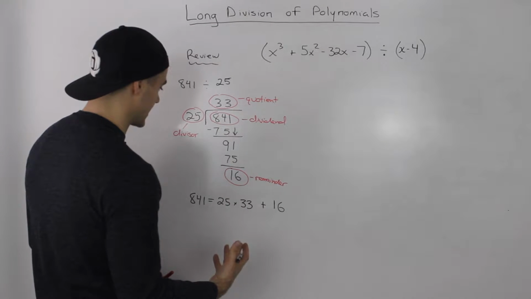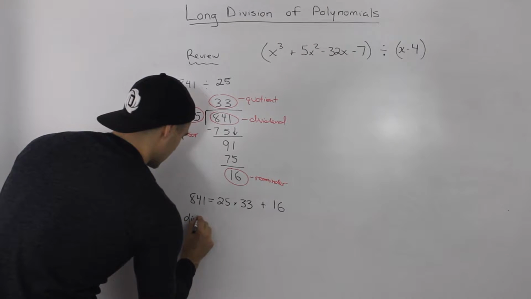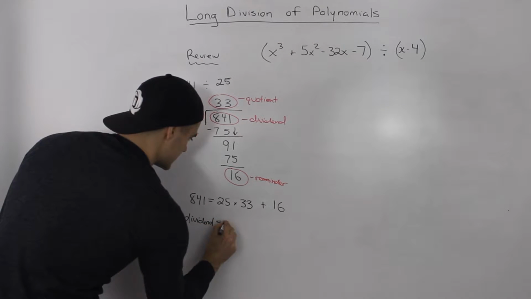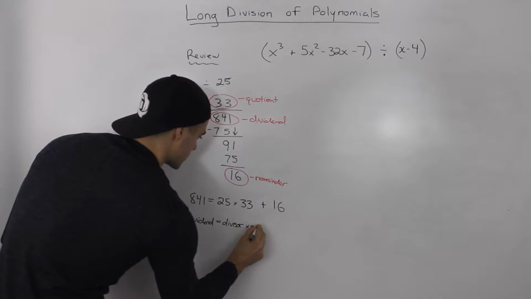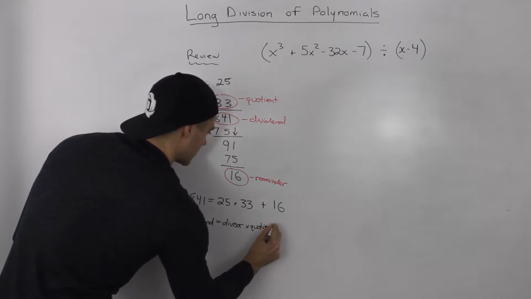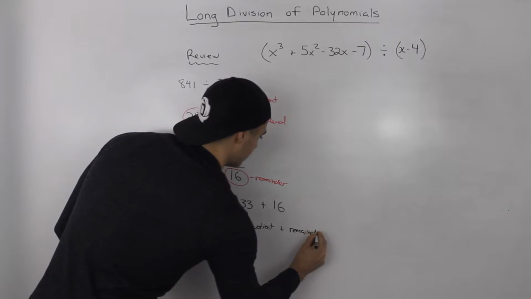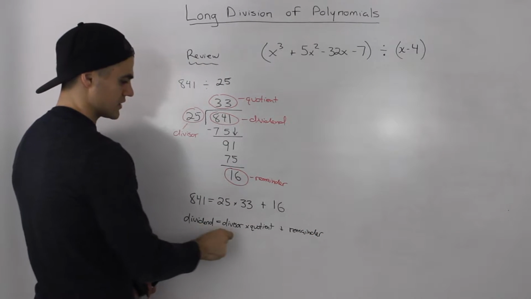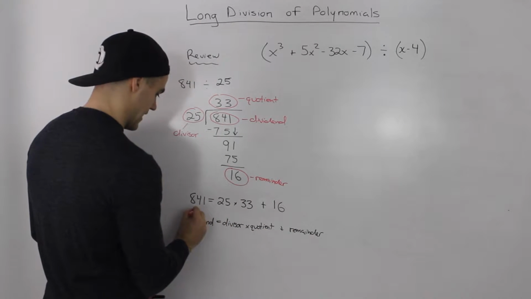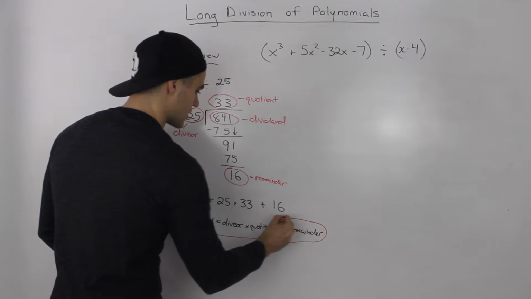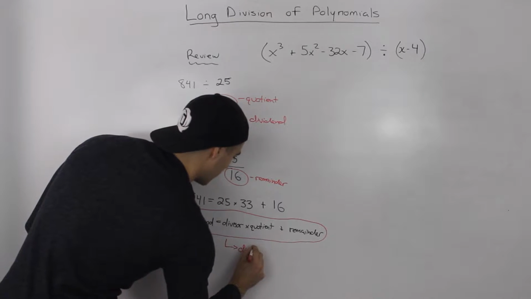So if we put this as a general statement, basically the dividend is equal to the divisor times the quotient plus the remainder. Dividend is equal to divisor times quotient plus remainder. That always holds in every case. And this general result is called the division statement, which you will have to know for this section.